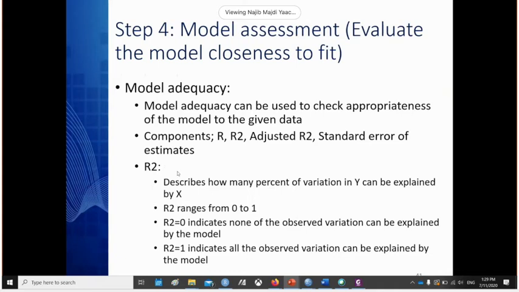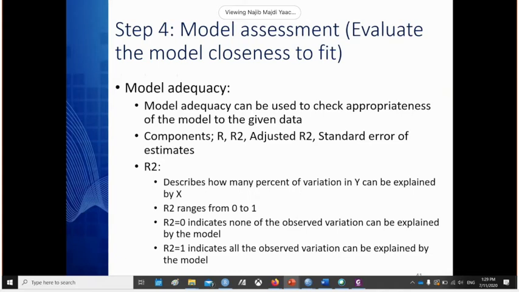Most importantly, we focus on R square because, as I mentioned before, one important aspect of linear regression is to evaluate the importance of one independent variable towards an outcome variable.